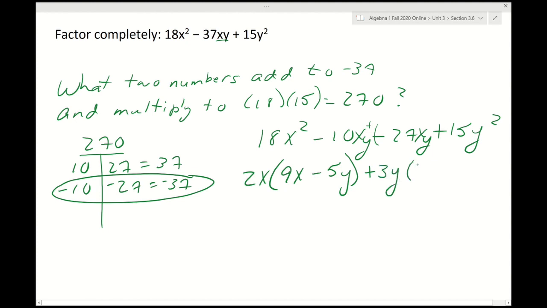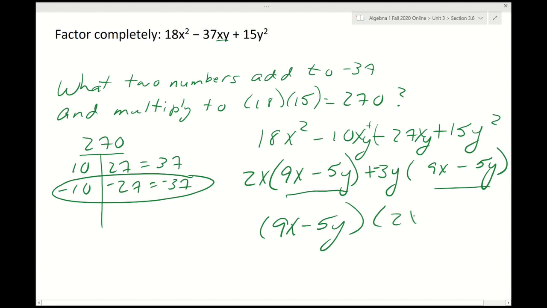It leaves me with a negative 9x plus 5y. Well, there's a difference here of a sign. So what I will do is I bring out a negative 3y. It makes it a positive 9x and a negative 5y. I now have the same thing inside: 9x minus 5y and a 2x plus a negative 3y.